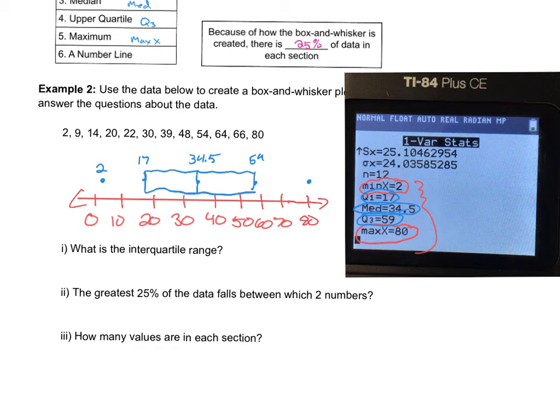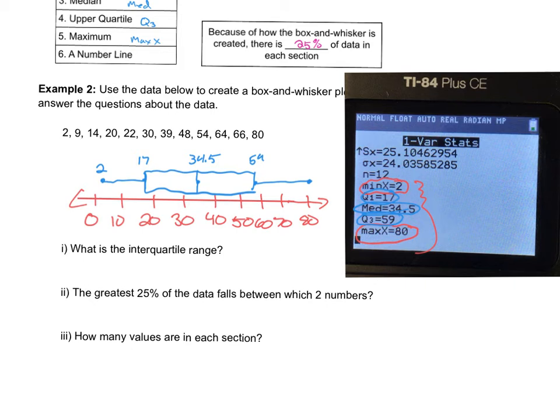And then our whiskers extend out to those min and max values. So there it is. The middle should be the box, and we've got those whiskers.